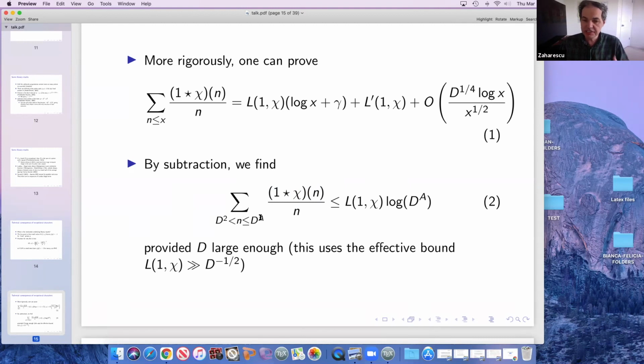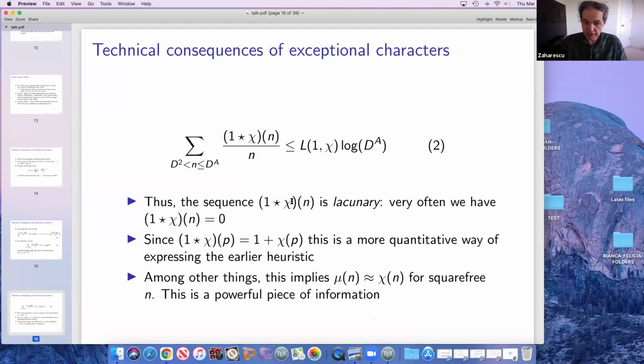So this is still asymptotic to a constant times log d. But now we know that it's much smaller by the assumption of existence of lambda equals 0. So this forces, in a rigorous way, that for most of these primes chi of p is negative 1.